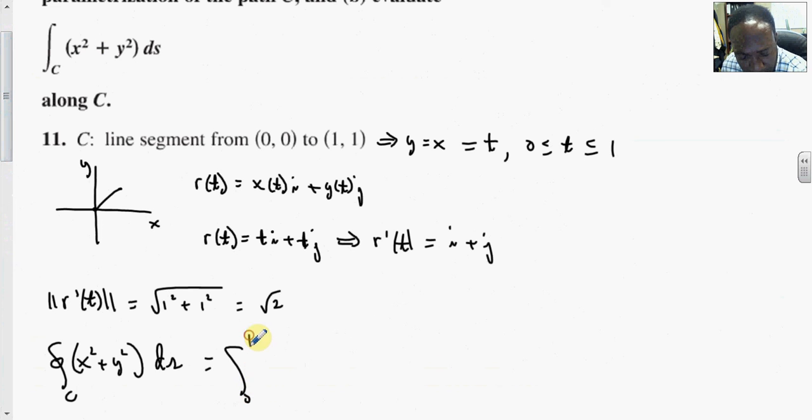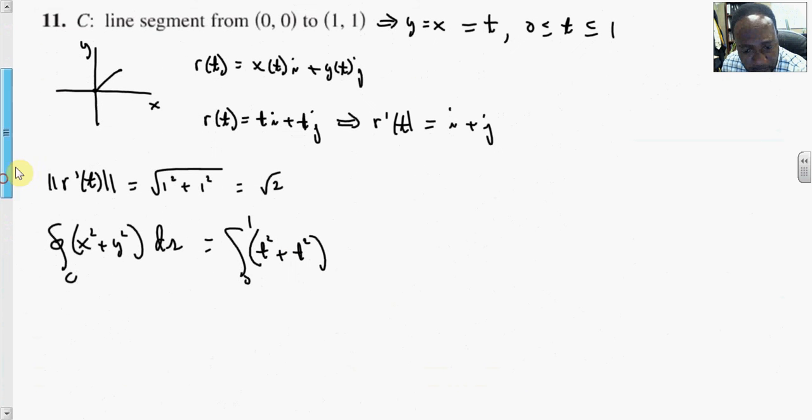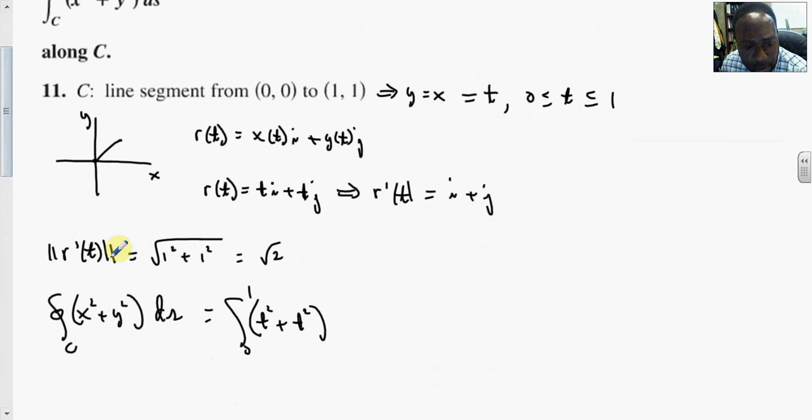So this is the integral from 0 to 1 of x squared plus y squared, where here x squared will be t squared plus y squared. Well, y is equal to t, so this is t squared. Then it's times the norm, because the norm times dt represents ds. So this is the square root of 2 dt.